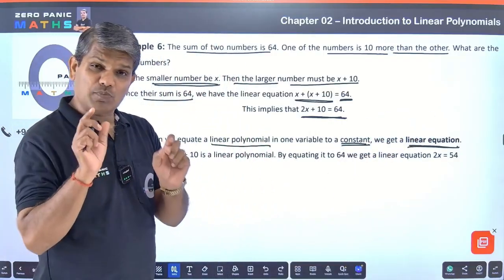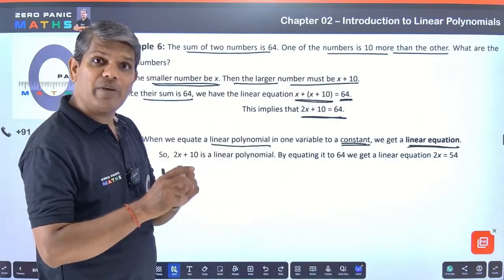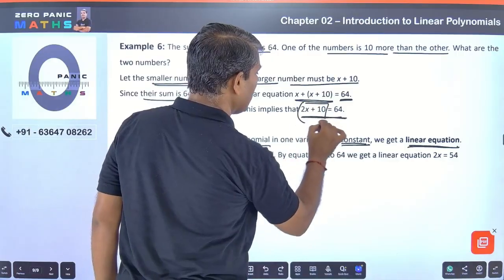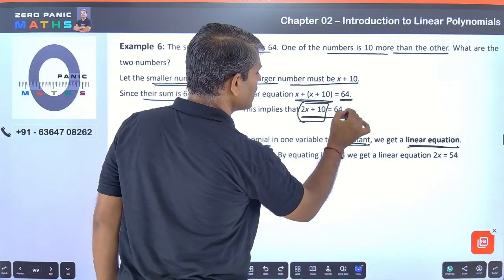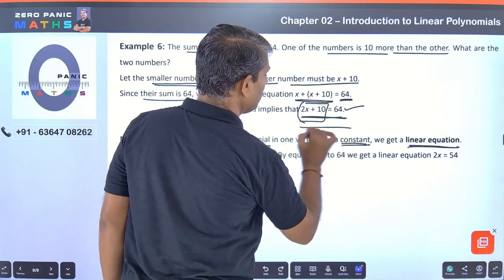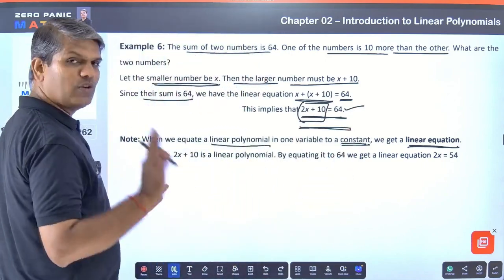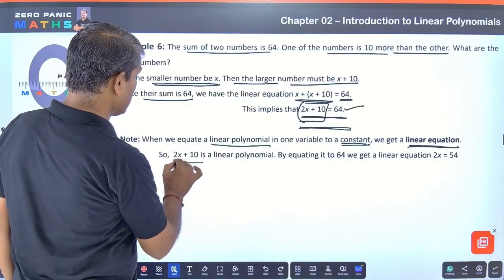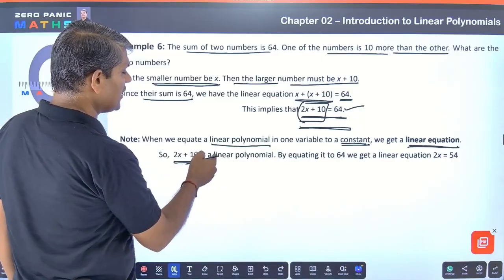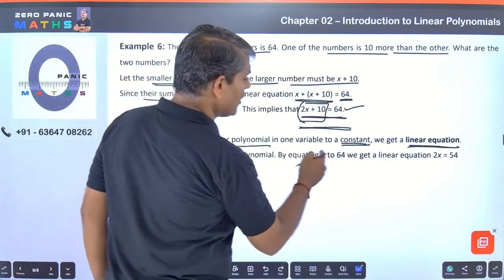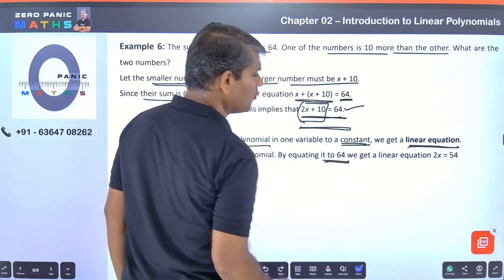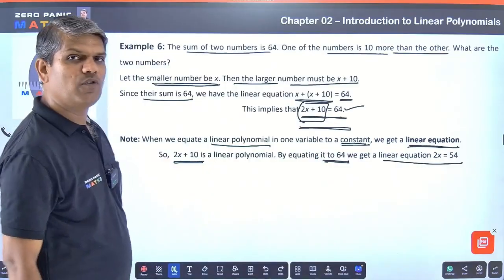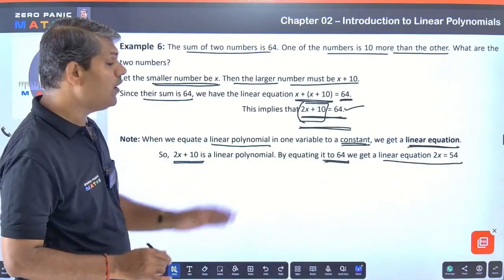There is a small difference between them. The polynomial is this part, and when you equate it with the constant 64, the whole thing becomes the equation. You understood this? Simple one. So 2x plus 10 is a linear polynomial. By equating it to a constant 64, we get a linear equation.